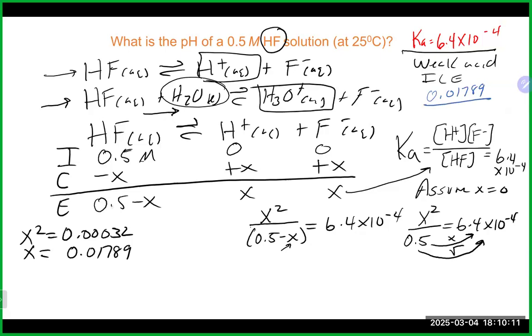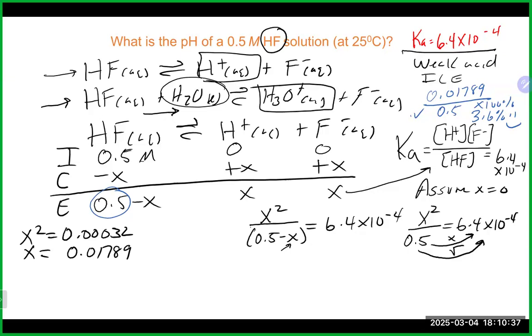You're going to divide it by what you were going to subtract it from, 0.5, times it by 100%. So hopefully we are good. Let's see. That looks like a 3.6%. And that gets a happy face. That means our check is good in this case, right? We don't have to go back and do it the quadratic way.